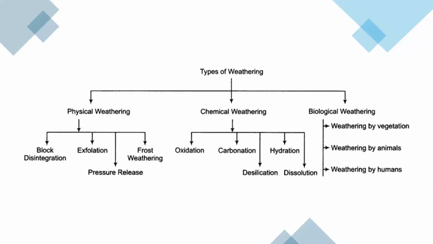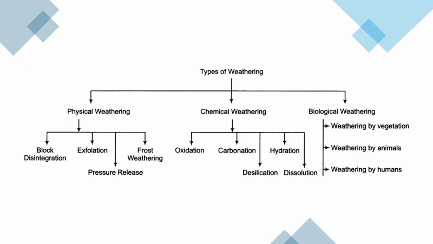So these are different methods or types of weathering: physical, chemical, and biological weathering. When we talk about physical, it is a mechanical weathering, which has four different types: block disintegration, exfoliation, pressure release, and frost weathering.